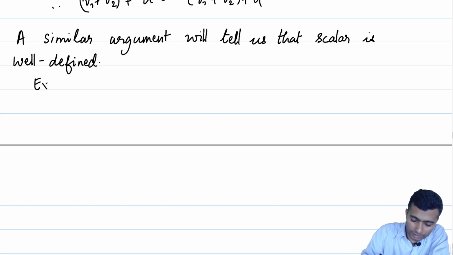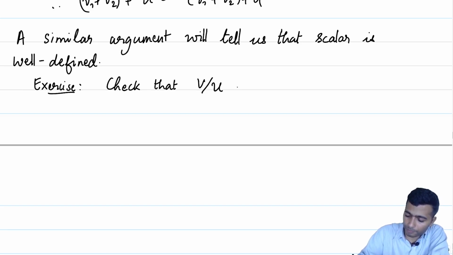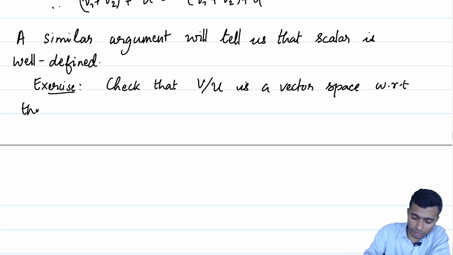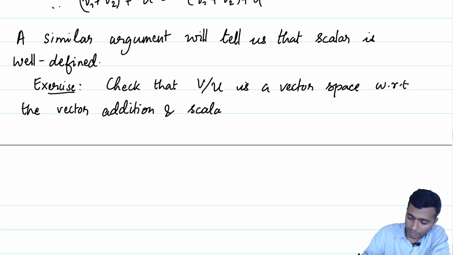So, the exercise is to check that V mod U is a vector space with respect to the vector addition and scalar multiplication just defined.